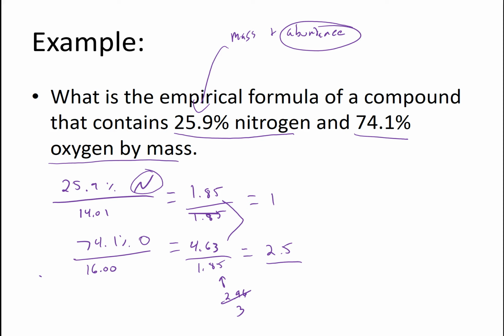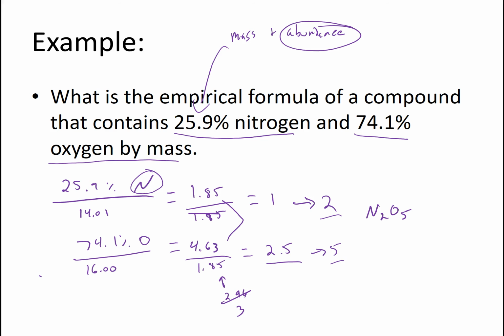So because this is halfway in between 2 and 3, I'm going to multiply these both by 2. So I'm going to make this a 2 and make this a 5. All right? So what we've just done is now we know our empirical formula. The lowest whole number ratio is 2 to 5. So it's going to be N2O5, our empirical formula.